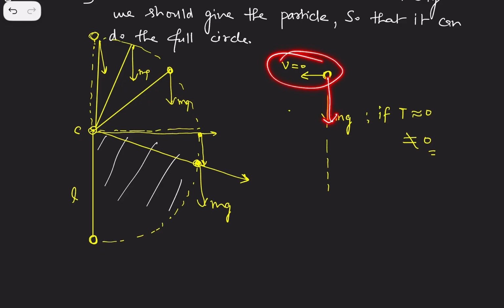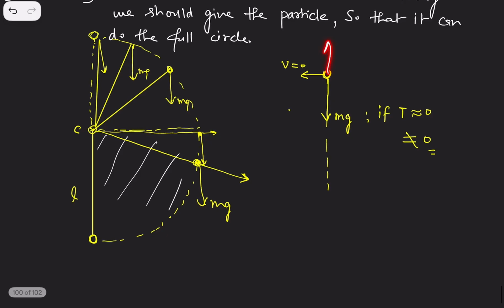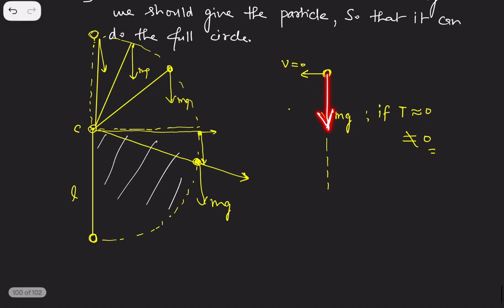If you have a little idea of centrifugal force, you should understand that from the rotating frame, a centrifugal force would be balancing this. But even if you don't know the centrifugal force idea, you know that the centripetal condition should be fulfilled. So if mg is the minimum possible force acting towards the center, you should have some minimum velocity so that you can balance this by the centripetal condition.